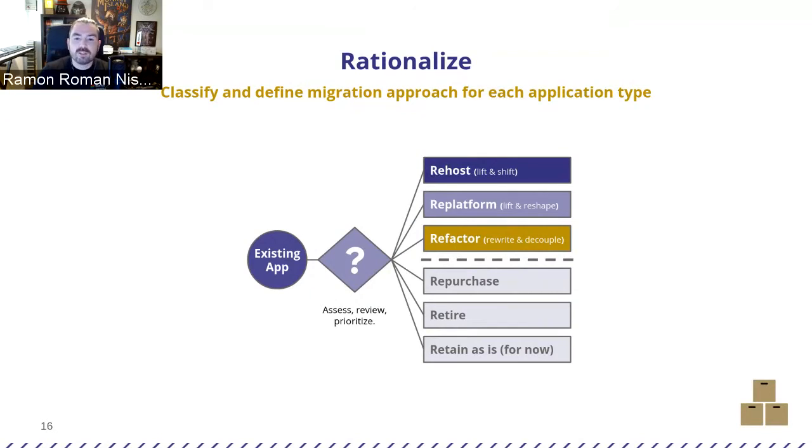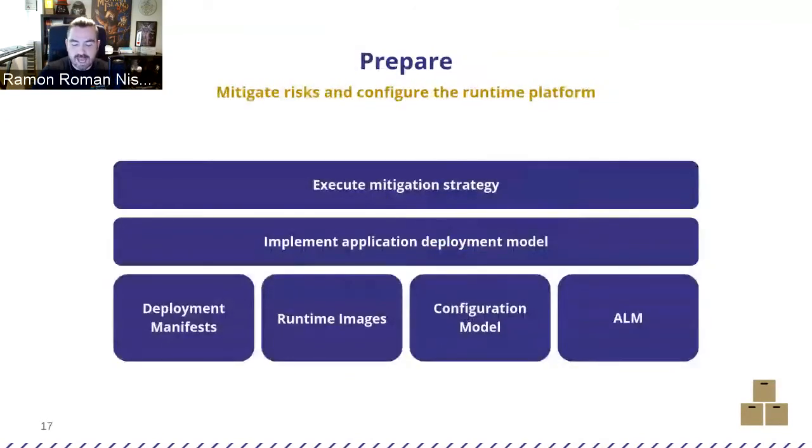Once you have made all the different decisions, you have a clear understanding of the application landscape, and you have decided what you want to do with each application type, the next stage will be the prepare phase, which is basically all about getting the platform ready to deploy applications.